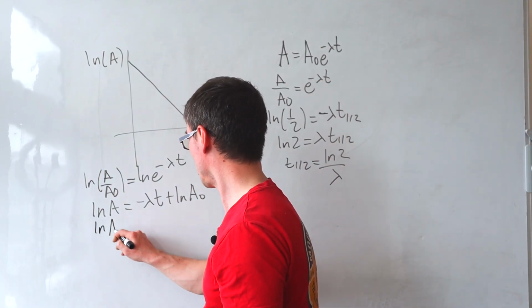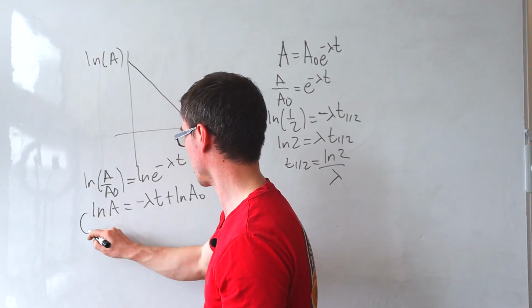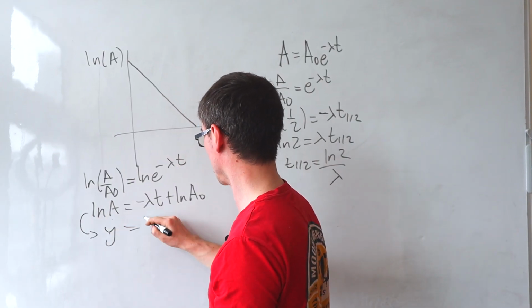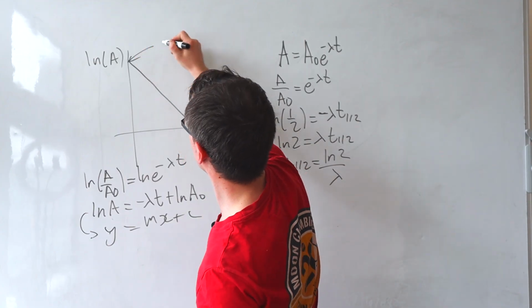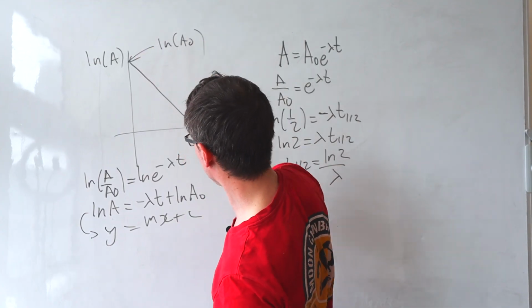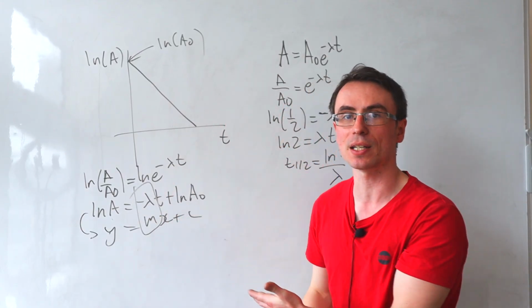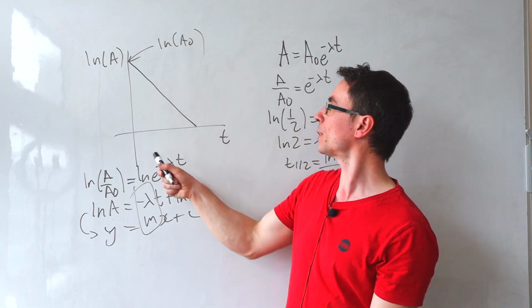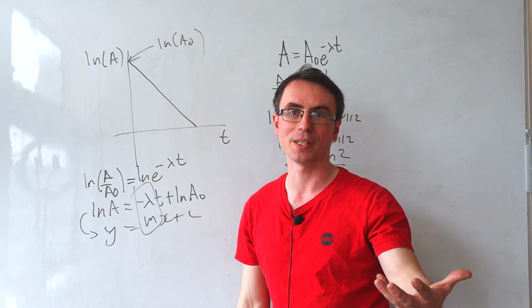Then I'm basically ready to apply y equals mx plus c analysis. This here will be ln of A naught, and you can see that my gradient will be the negative of the decay constant. And then we can use this to work out the half-life directly from this graph.